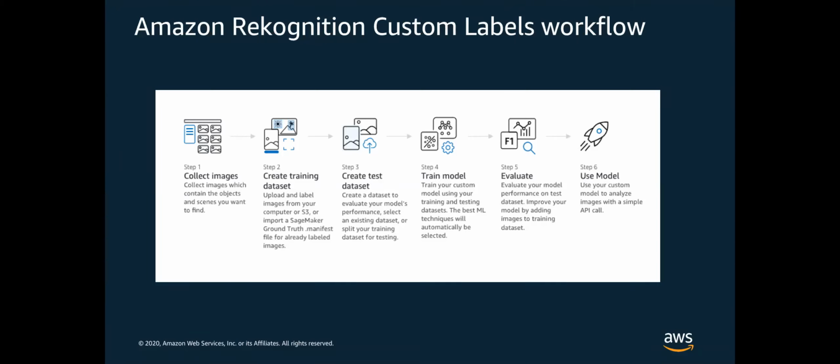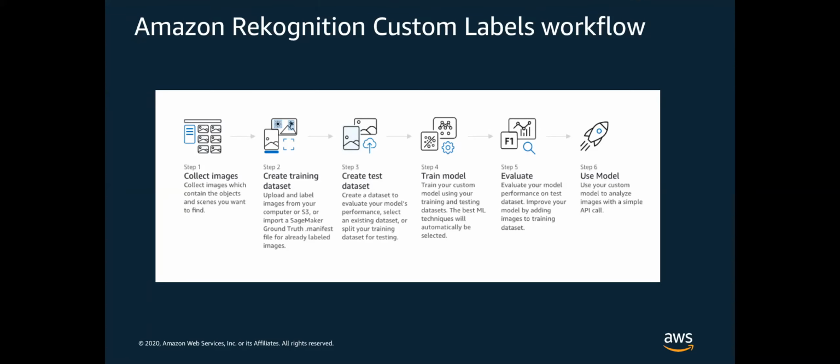For a specific problem that you're looking to solve, you're going to collect images. In this case, because I want to detect those animated characters, I would go and collect pictures of those animated characters. Next, you bring those images into Amazon Rekognition Custom Labels, and you create a training set and a test set. You then ask Custom Labels to go ahead and train a model, which starts a training job.